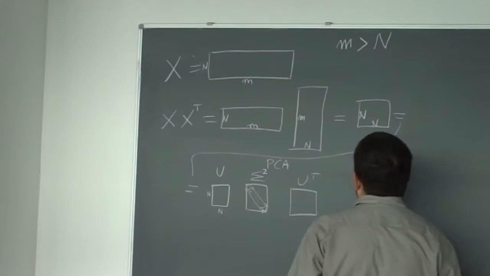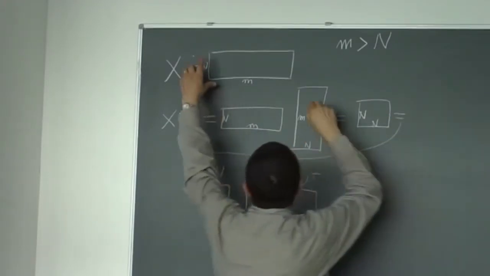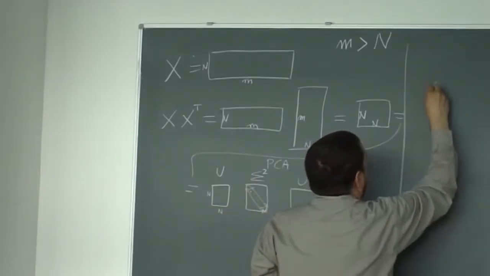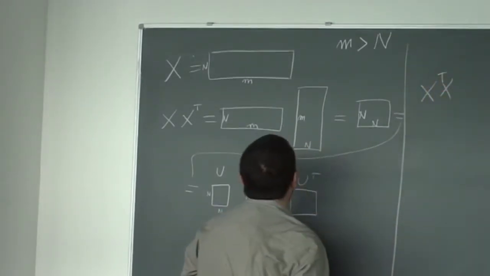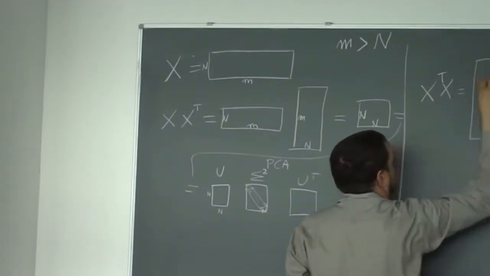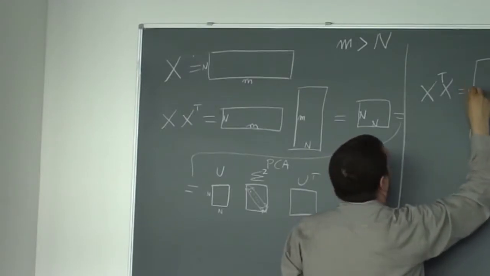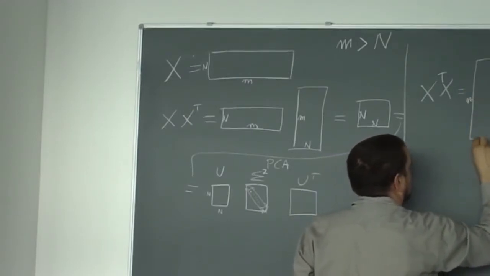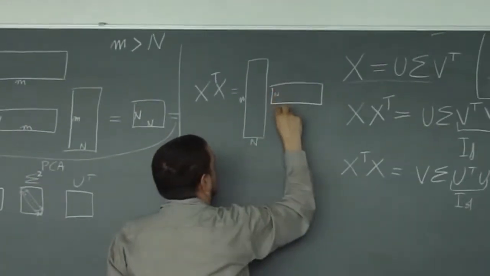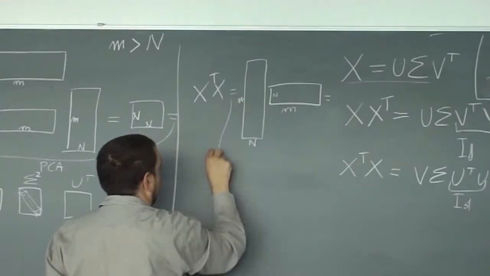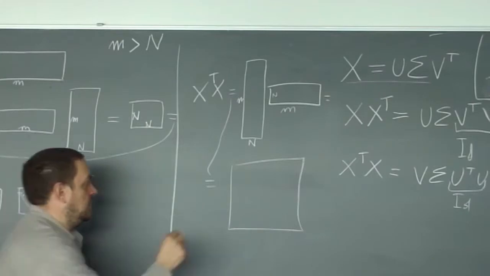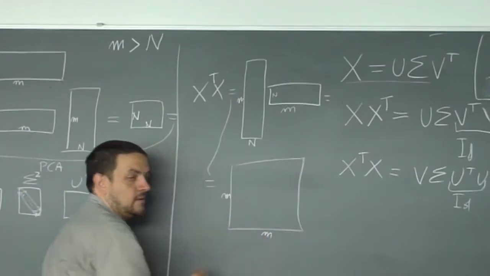Well, in that case, if X has this form, then X transpose X is actually a very tall matrix with m rows and n columns by a very flat matrix with n rows and n columns, and the final result will be a much larger m by m matrix.